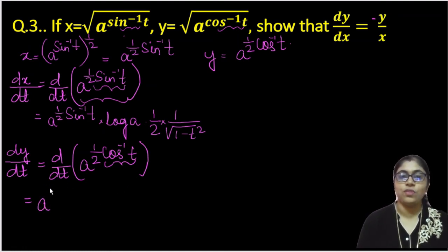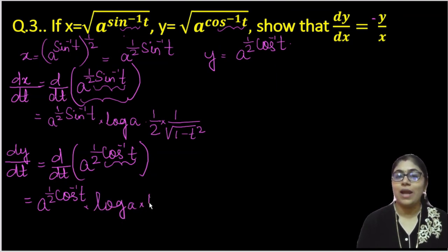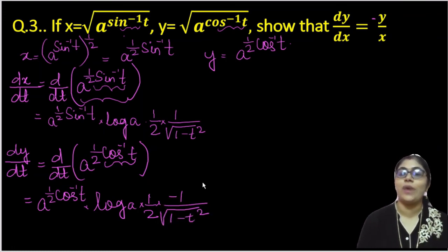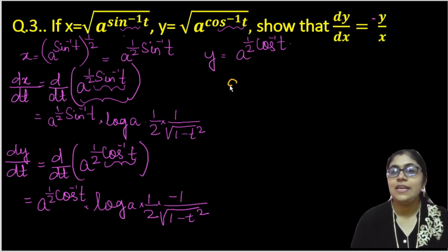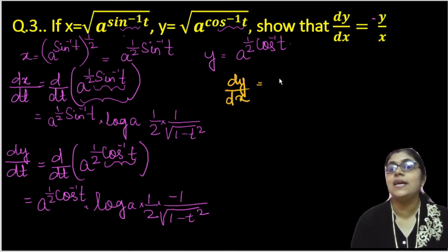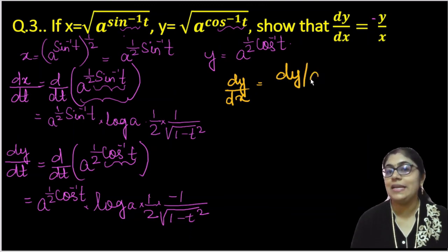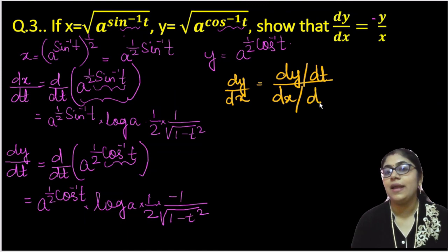So this is a to the power 1 by 2 cos inverse t into log a into 1 by 2 and minus 1 by square root of 1 minus t square here. So now let's find out dy by dx. This is dy by dt divided by dx by dt.